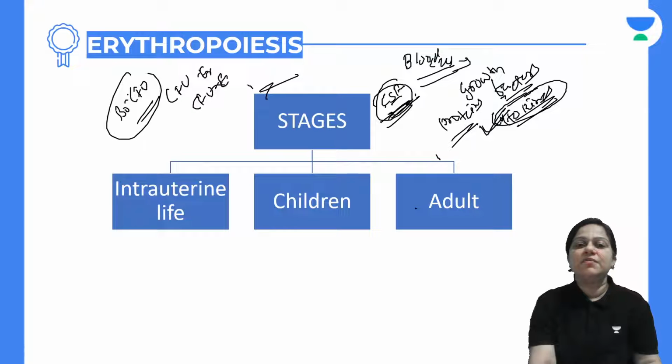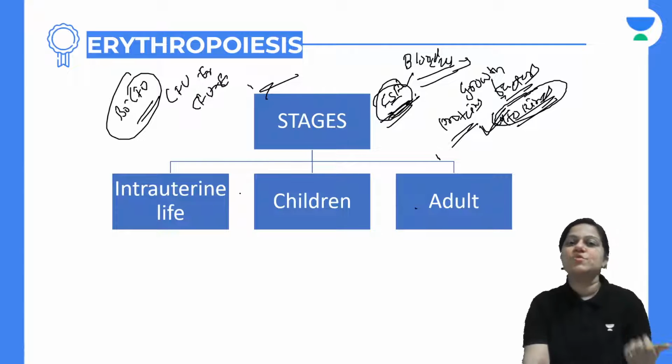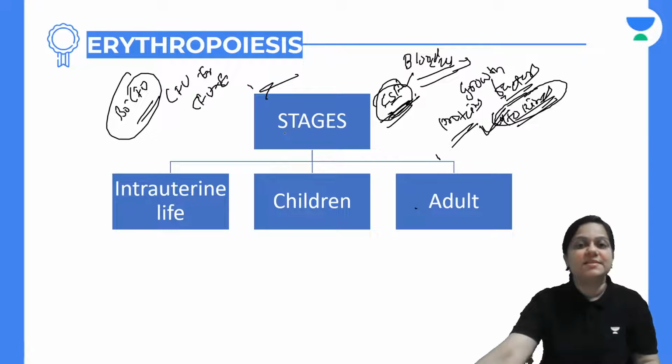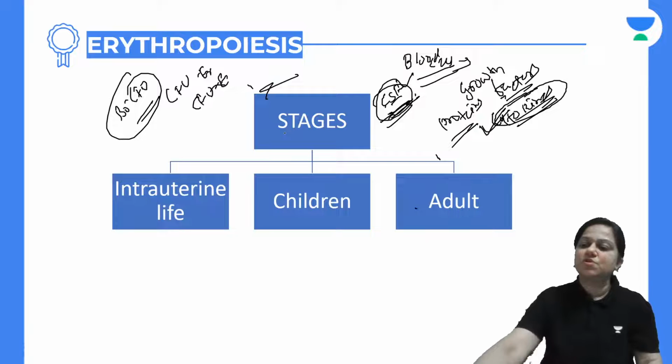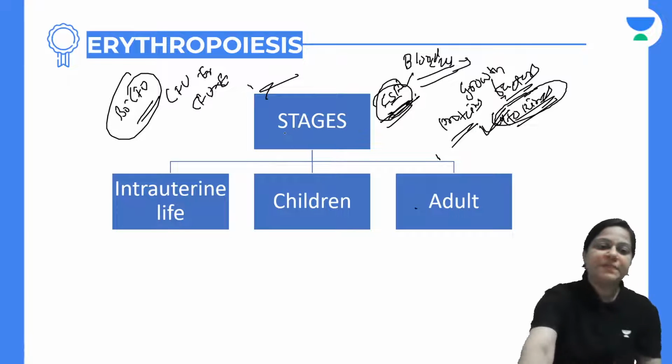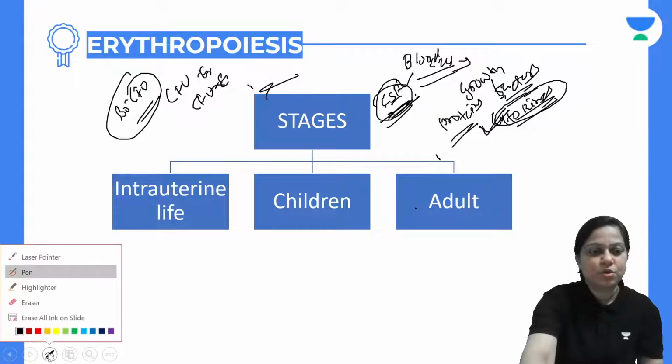So there are different colony stimulating factors, or you can say cytokines, for each series, which stimulate the formation of that individual cell. So this is all about hemopoiesis.